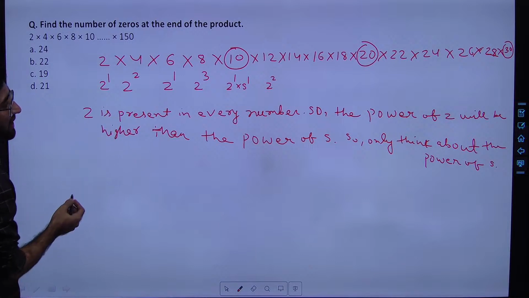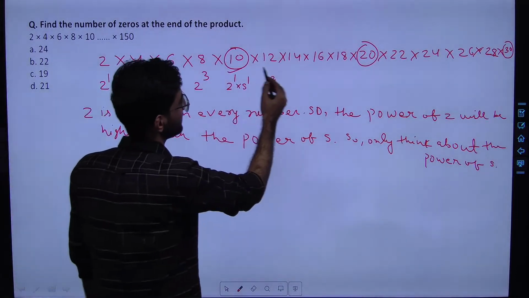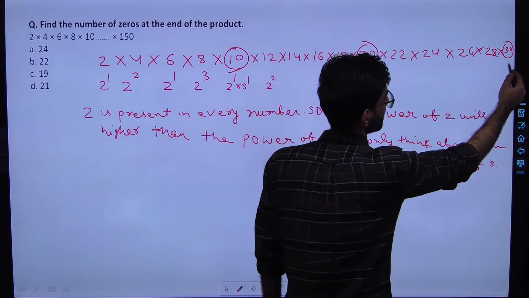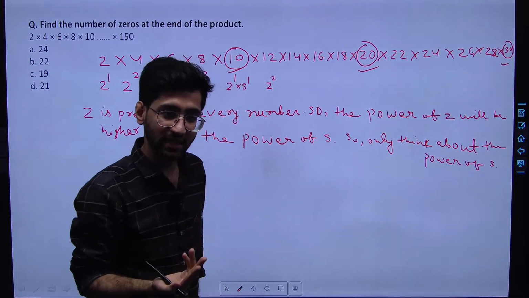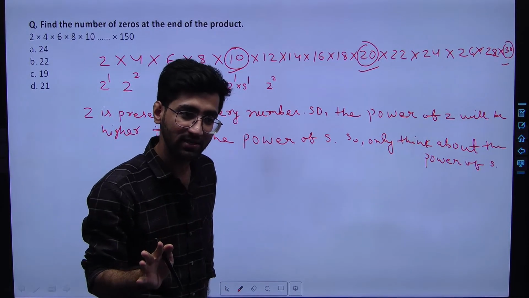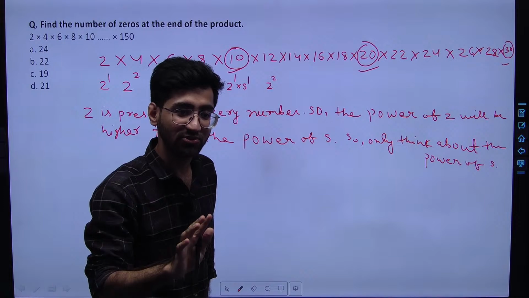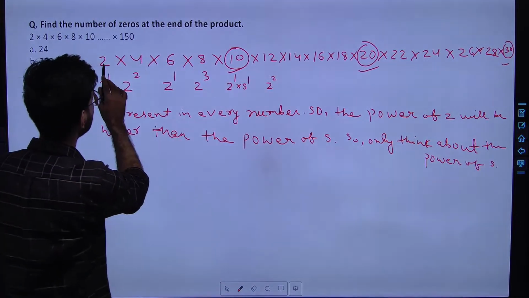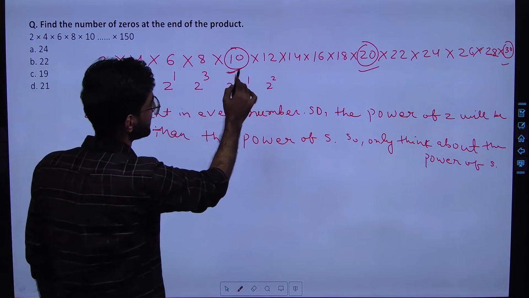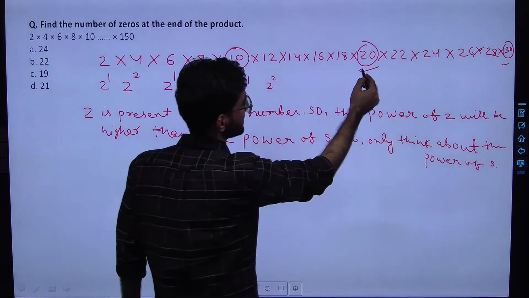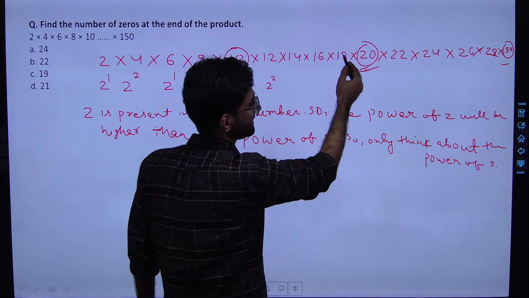See, 5 will be present in 10, 20, then 30, then 40, then 50. Are you able to get this point? See, 5 is present in 10. Then 5 is present in 20. See, you can't write 18 as a multiple of 5.